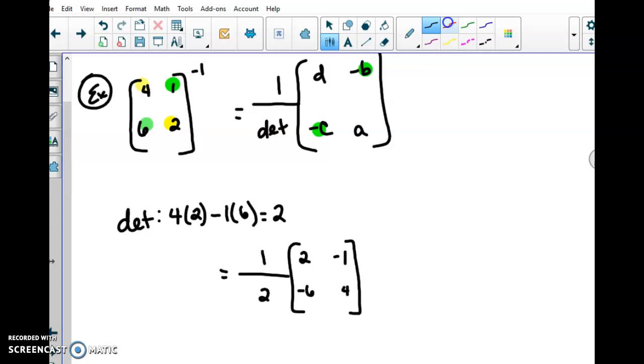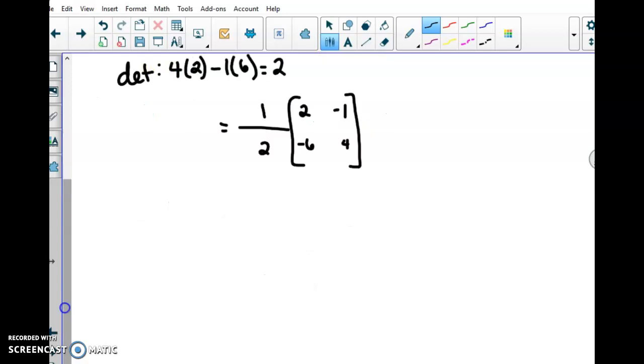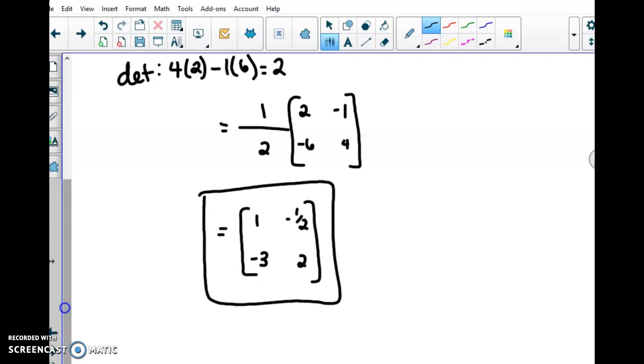I'm going to use this information to distribute that half, because it's like a scalar, into everything to get my final answer. So I have 1, negative a half, negative 3, and 2. This would result in my final inverse because I've done the determinant, I've switched everything around, and then I multiplied that 1 over the determinant to everything.